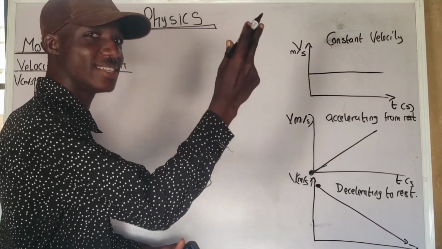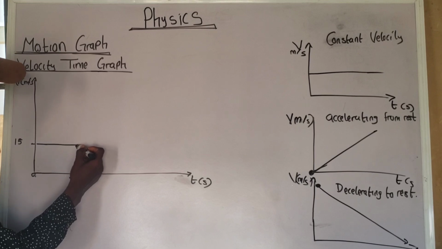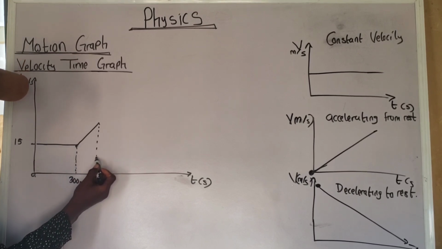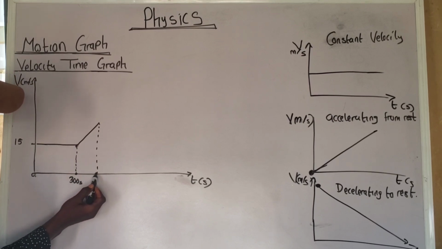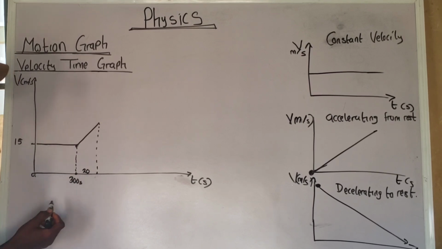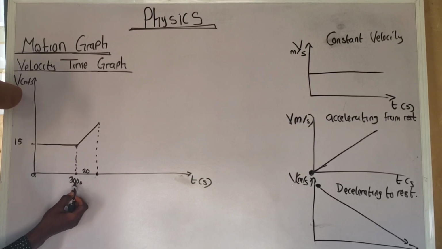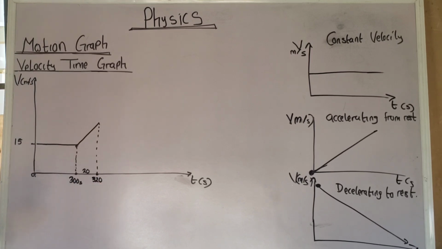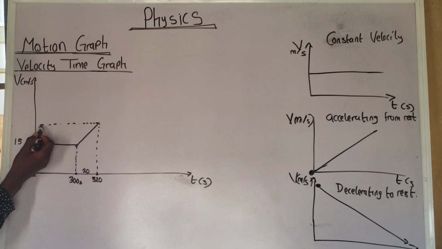It accelerates for 20 seconds. So the distance from this point to this point is 300 plus 20, that will be 320. Do you understand?